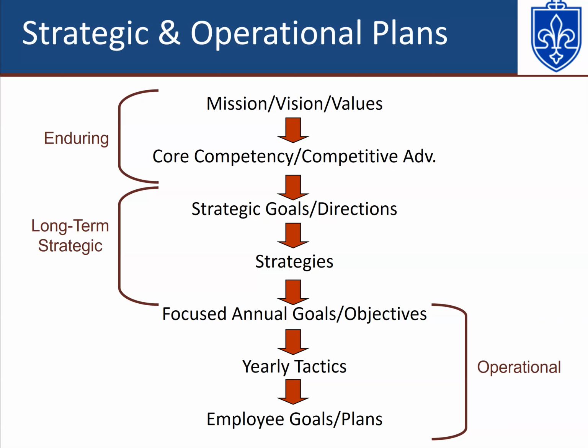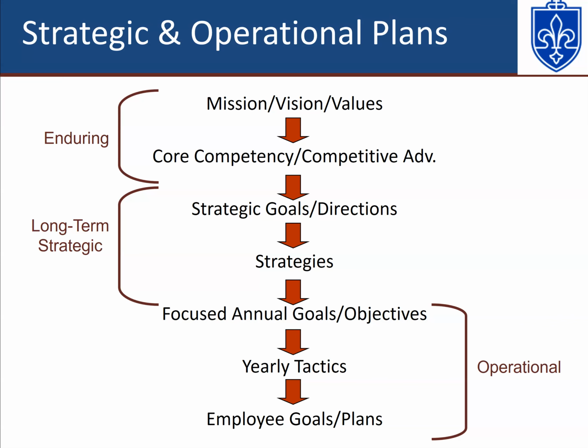Then you have long-term strategic pieces, like strategic goals or directions, or some even call them pillars. I try not to get too caught up in the words, but I want to make sure that an organization has all the necessary components.